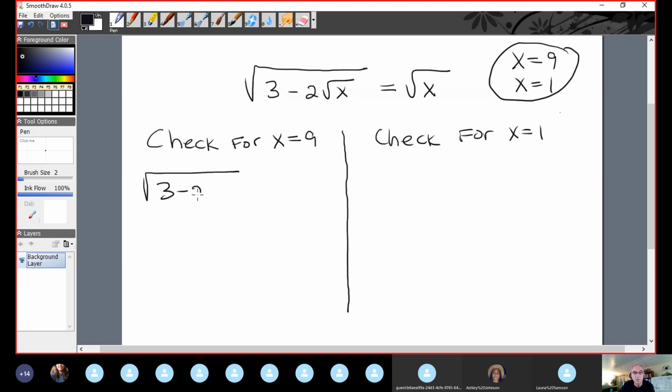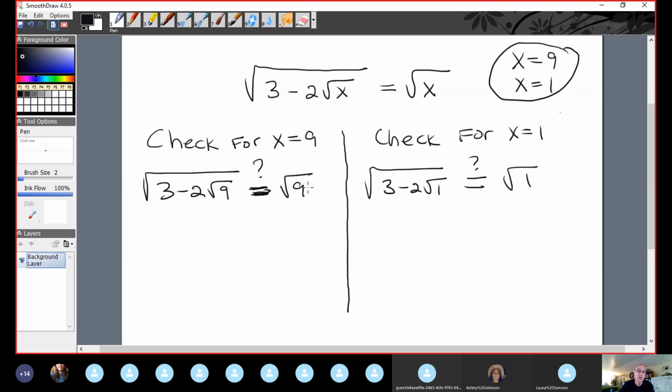Square root of 3 minus 2 radical 9 should be, I claim that, though I'm not sure it's true, radical 9. And square root of 3 minus 2 radical 1 should be radical 1. Well, radical 9 is 3.